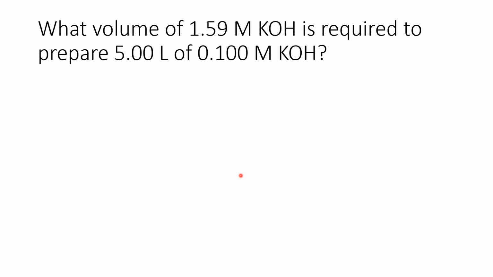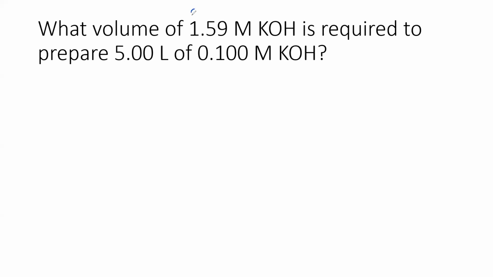Now, though, with the base, we might want to add the water first, and then add the small amount of potassium hydroxide second. But with this one, we've got M2 with the 0.100 molar. We've got V2 with the 5 liters, and then we've got M1 with the 1.59 molar. So again, if we wanted to, we can always label what these things are.